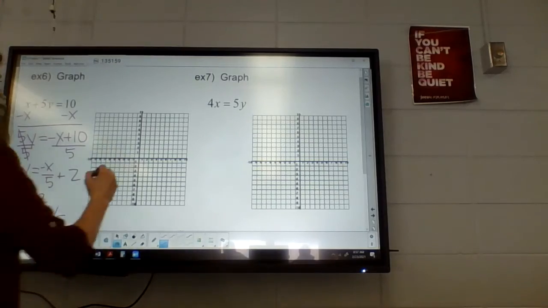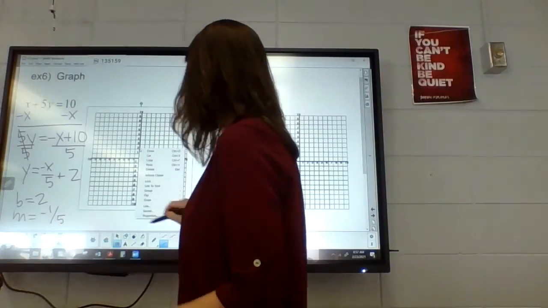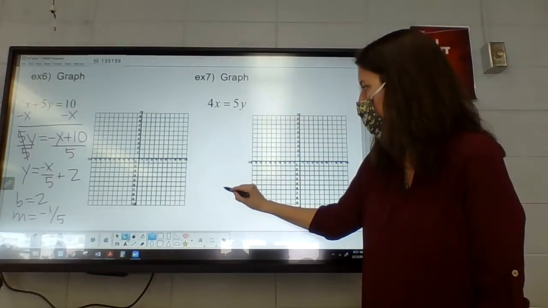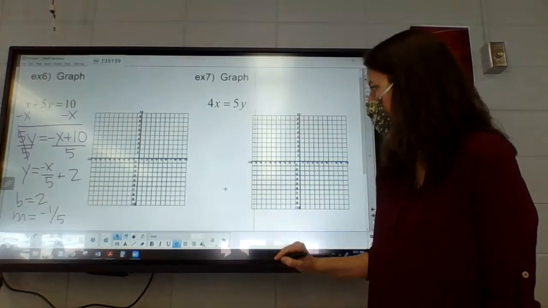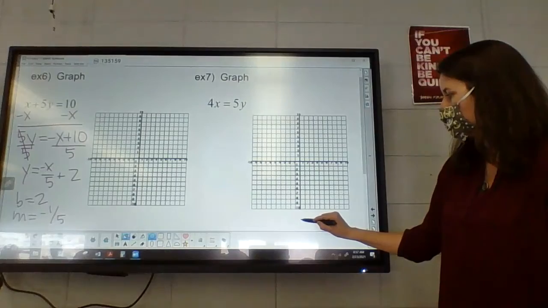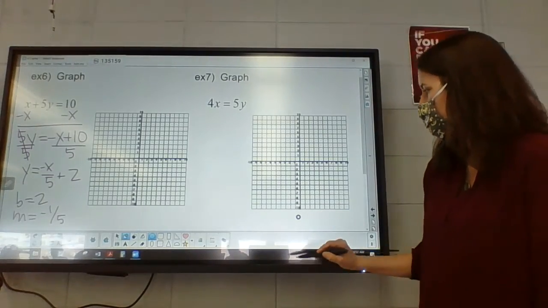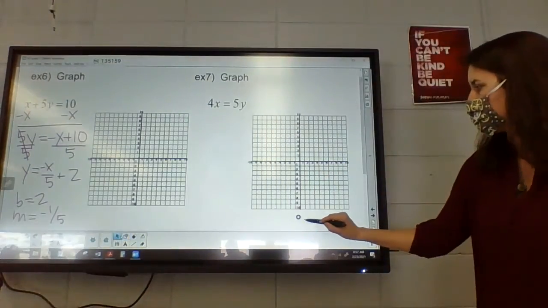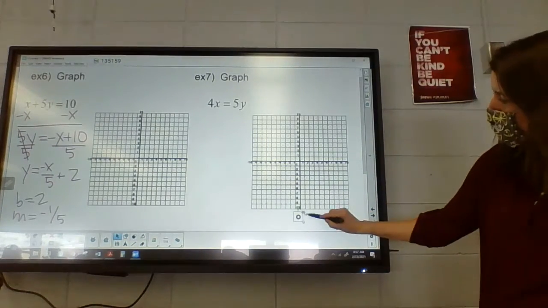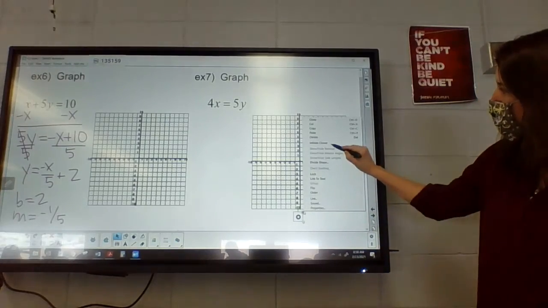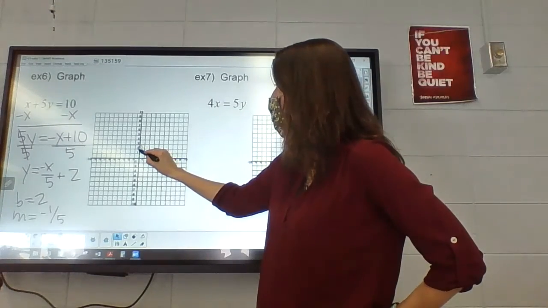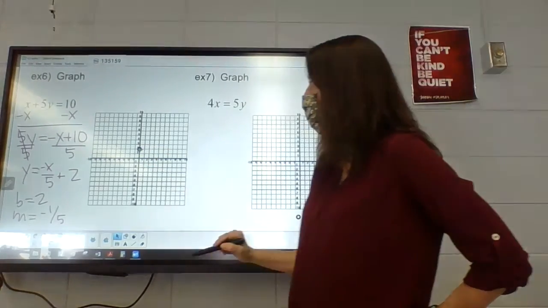So I'm going to begin at 2. Again, we always begin on that y-axis, kind of ignore that x-axis.